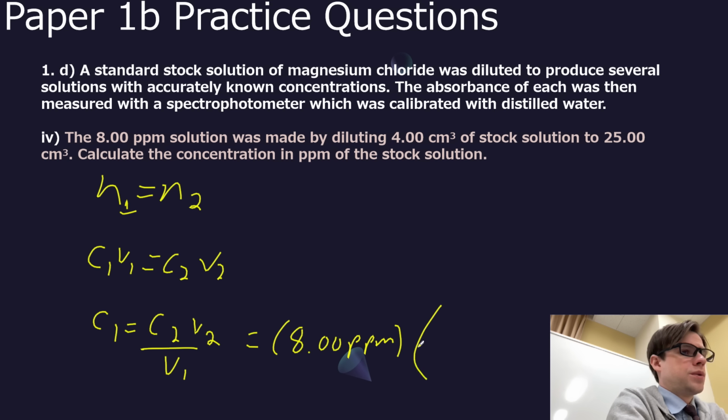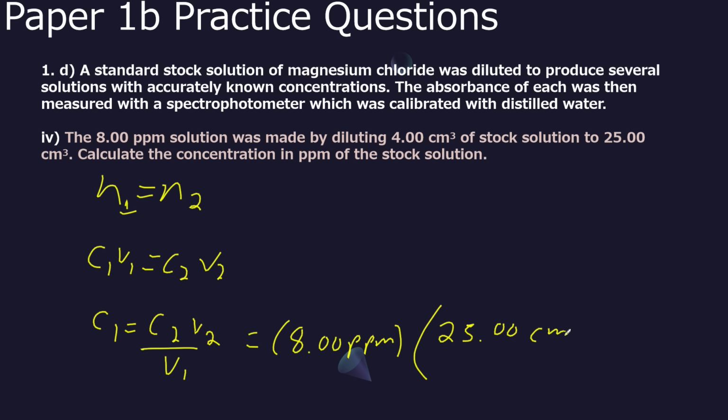Then final volume is 25. I can keep this as 25 because it would just be a ratio between centimeters cubed. Over V1, that's the amount that was taken out of the stock solution.